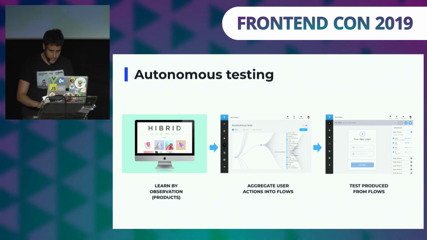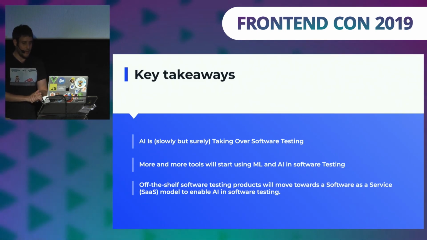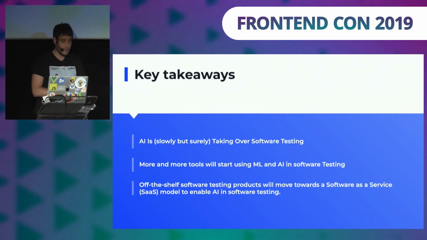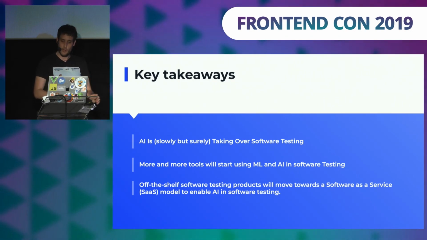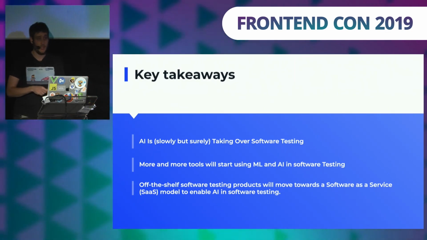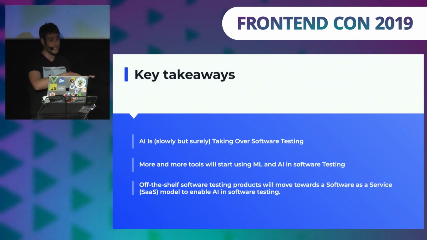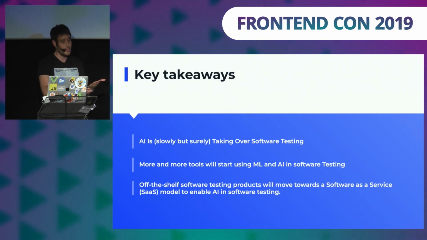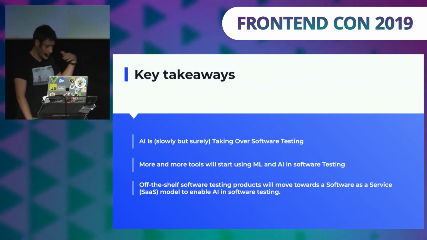All right, so takeaways. AI is slowly but surely changing software testing. More tools are going to start using ML and AI in software testing. And the big reason is that it's the trend we are seeing: testing typically follows the curve of non-testing a few years later.